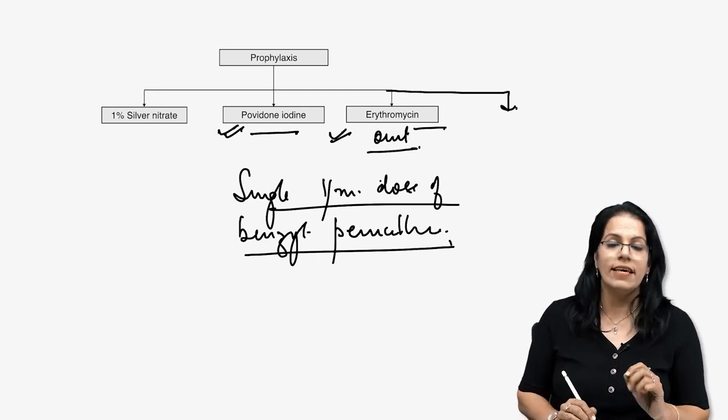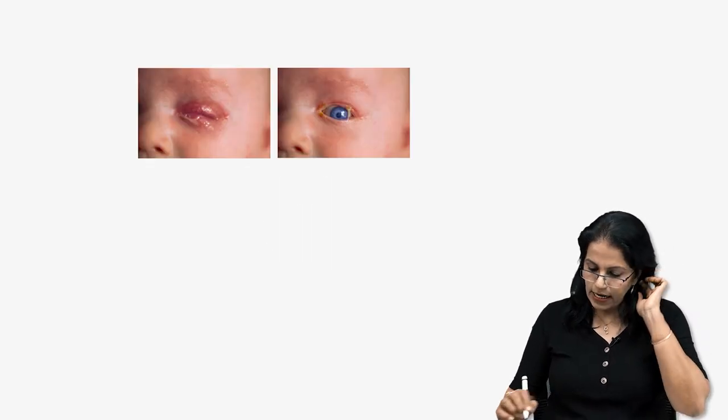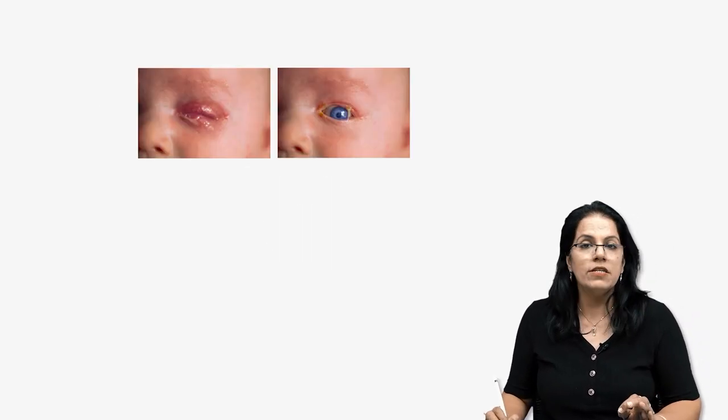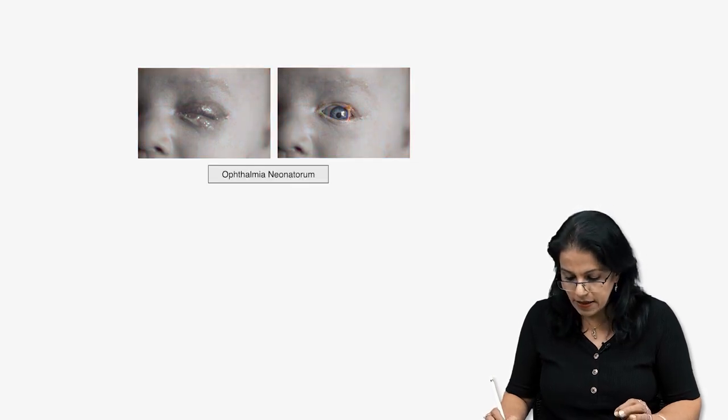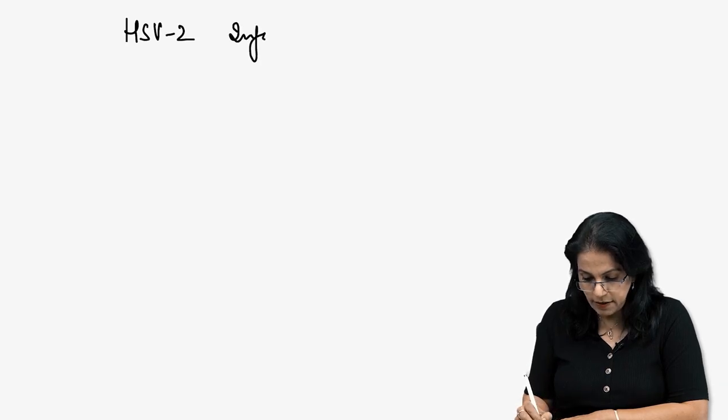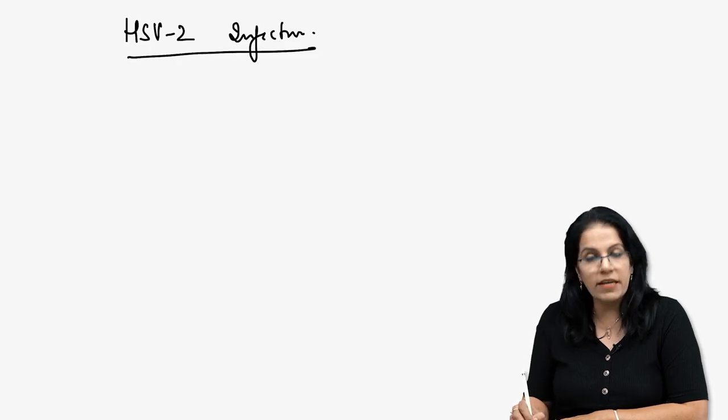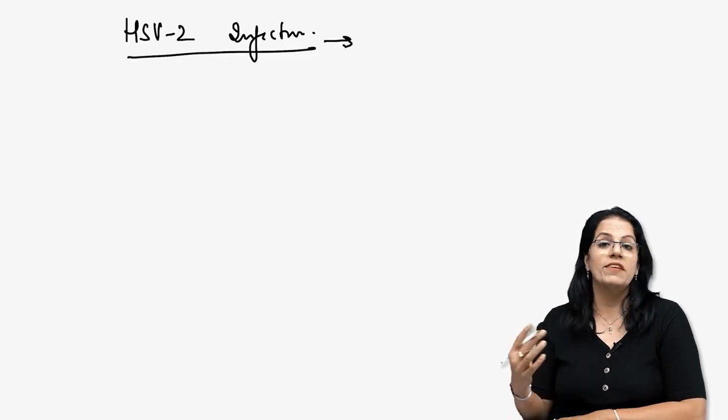Have a look at the case. This is a child with infection, which is ophthalmia neonatorum. One more thing that we would like to add here, when you're talking about preventing the infection, and of course, if it happens, you have to treat accordingly. If you are suspecting HSV2 infection, then we have to know that the risk of systemic involvement is very high.